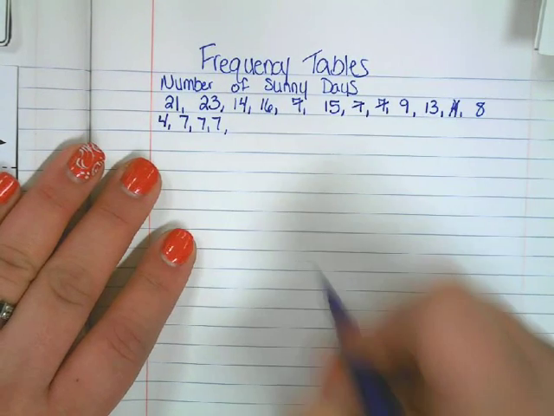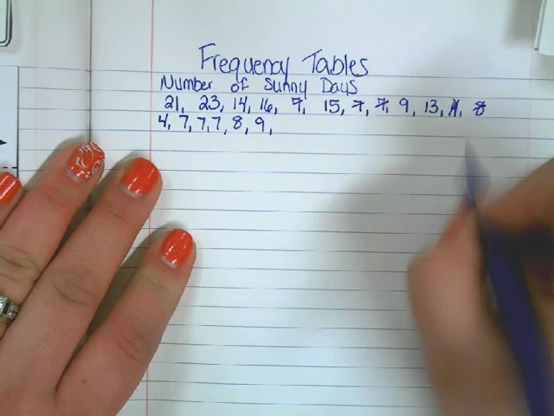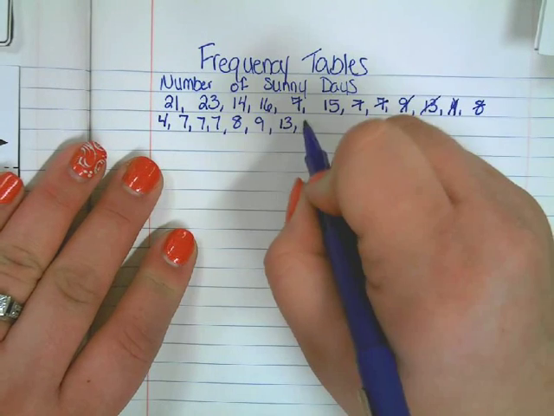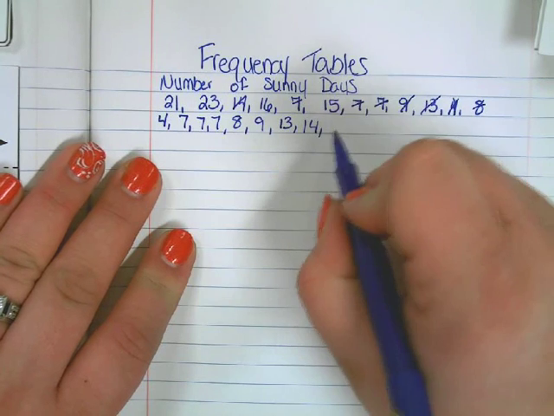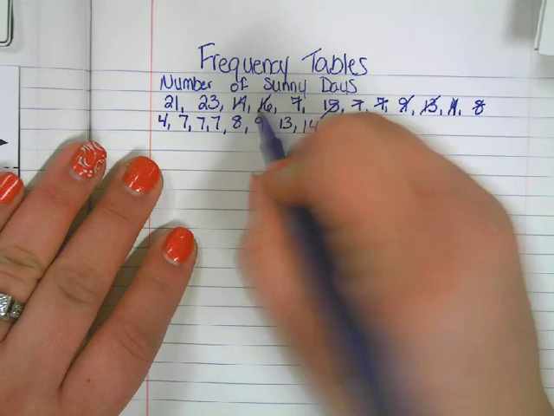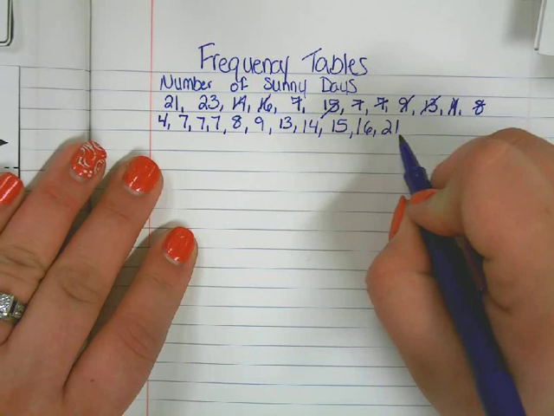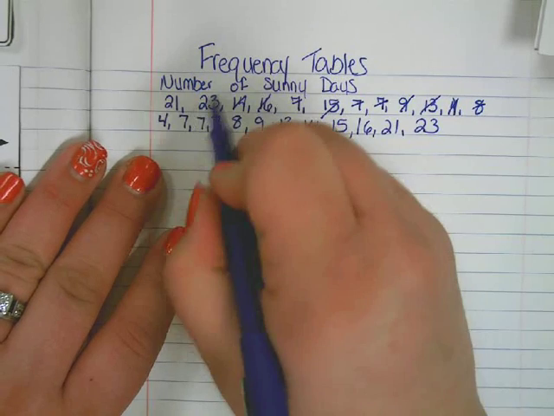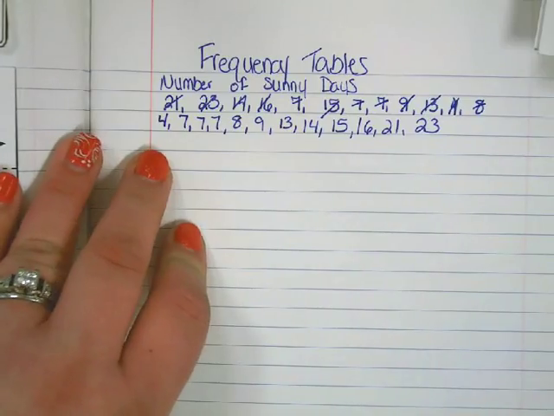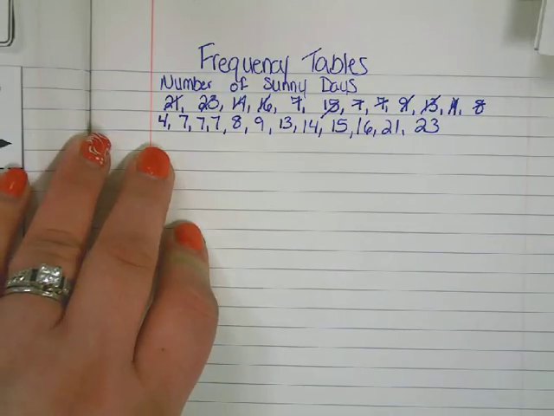Then 9, 13, 14, 15, 16, 21, and 23. Alright, so you have 4, 7, 7, 7, 8, 9, 13, 14, 15, 16, 21, and 23.